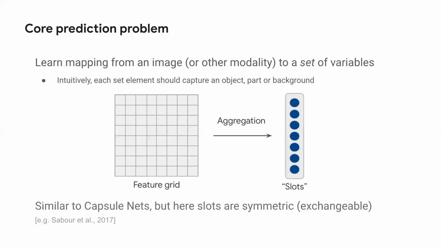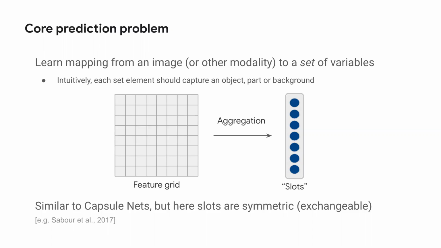And you can think of slot attention as being very similar to capsule networks, with the key difference that in our case, slots are symmetric, meaning that they're also fully exchangeable. What I mean here is that in principle, slots act as object files. They can in principle bind to anything in the input. So it's not that the first slot always binds to cubes and the second slot always binds to spheres. And that's what capsule networks would do.